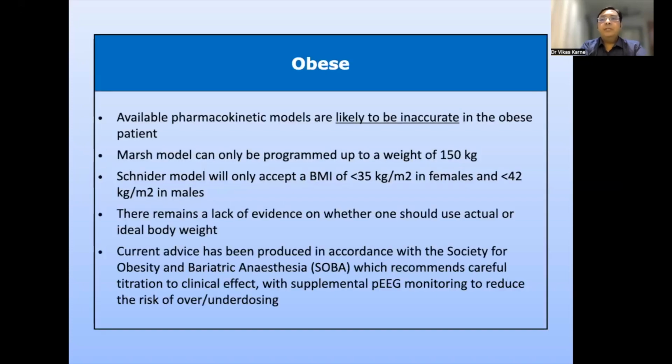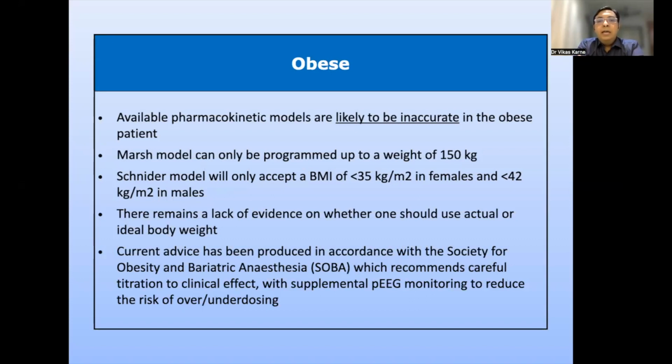Specific cohorts of patients are related to total intravenous anesthesia. First are obese patients. If we are using TCI in obese patients, the pharmacokinetic models which are available currently are likely to be inaccurate. If we use the Marsh model, it can only be programmed up to a weight of 150 kg, and the Schnider model will be acceptable only if the BMI is less than 35 in female and less than 42 in male patients.